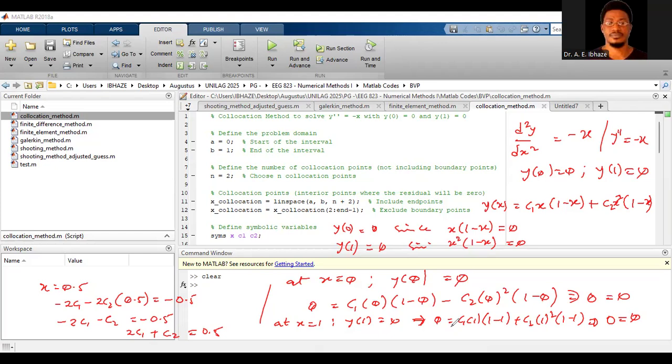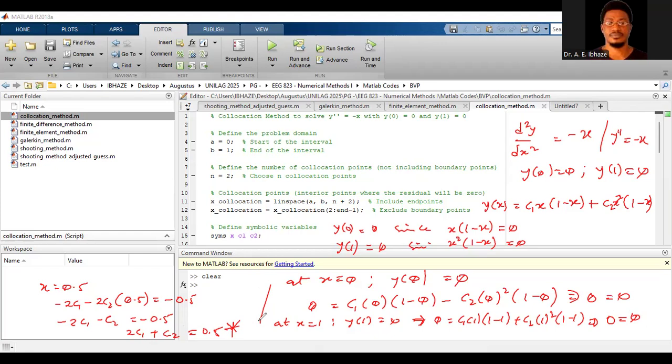So in essence, the only solution we've got is 2C1 plus C2 equal to 0.5, and here we have two unknowns in this equation.